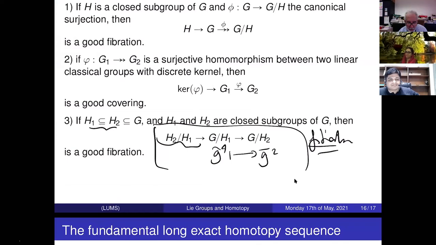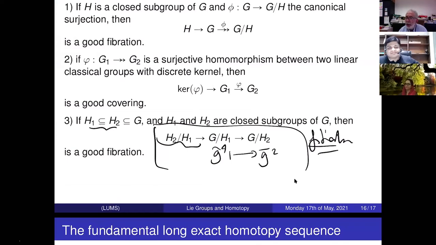Discrete means topologically that each point is alone. That means it can be put inside an open set which is separated from the rest. For instance, Z is discrete in R. A discrete subgroup or a discrete set is one where each point is closed and open at the same time, with respect to the induced topology, the trace topology, the relative topology.